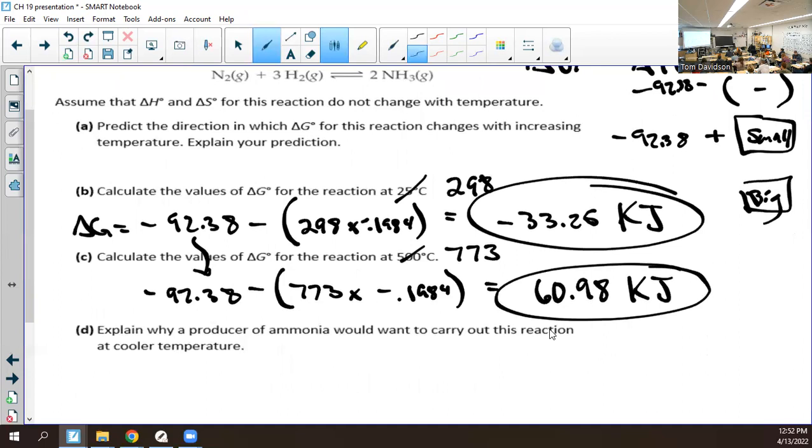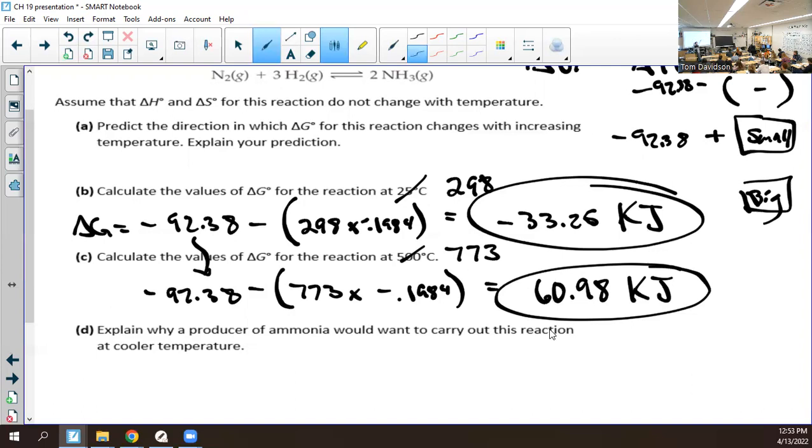Okay, all right. So now explain why a producer of ammonia would want to carry out this reaction at a cooler temperature. Okay, that's all great, but we have to talk about these numbers. No, this is not endo or exo. This is G. At lower temperatures, it is thermodynamically favored.